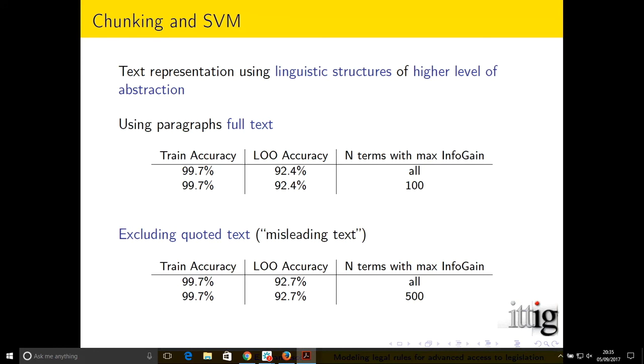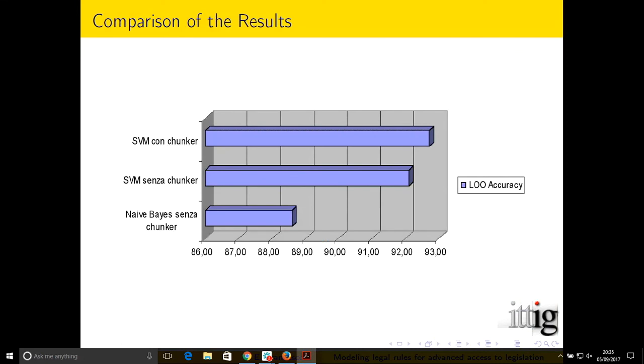So terms are described in terms of their function in the text, for example subject, object, or other specific roles. With chunking we had even better results, 92.7%. So this is the comparison between SVM with chunker and SVM without chunker, and the naive Bayes without chunker. It's written in Italian, sorry.